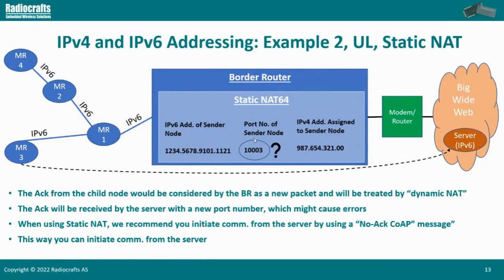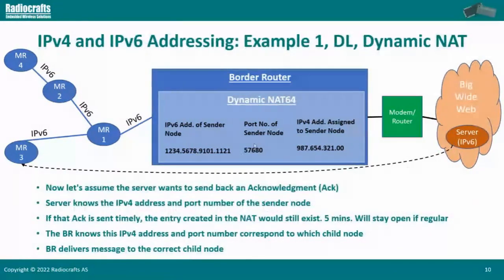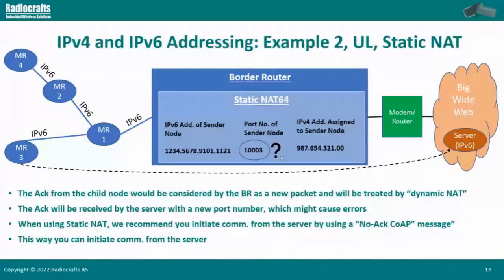So the server will not recognize that, because it will take this kind of port number, which is any number, not limited by this 10,000 numbering scheme. So the server will not recognize what this packet is, because it's coming from a different port number than the one it used to send.